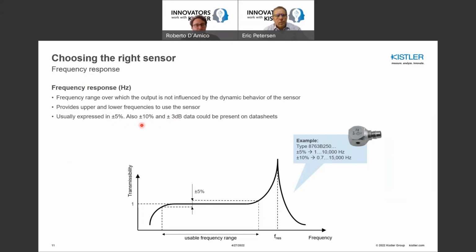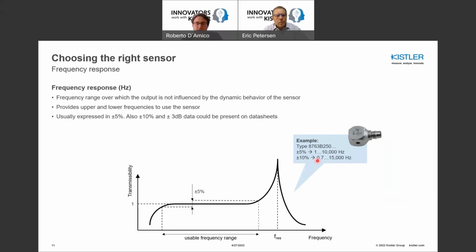On most of our data sheets, you will find both plus minus 5% and 10%, which indicate the usable frequency range, as you can see in the picture, over which the linear region of the transmissibility curve is within the plus minus 5% region, or plus minus 10%.